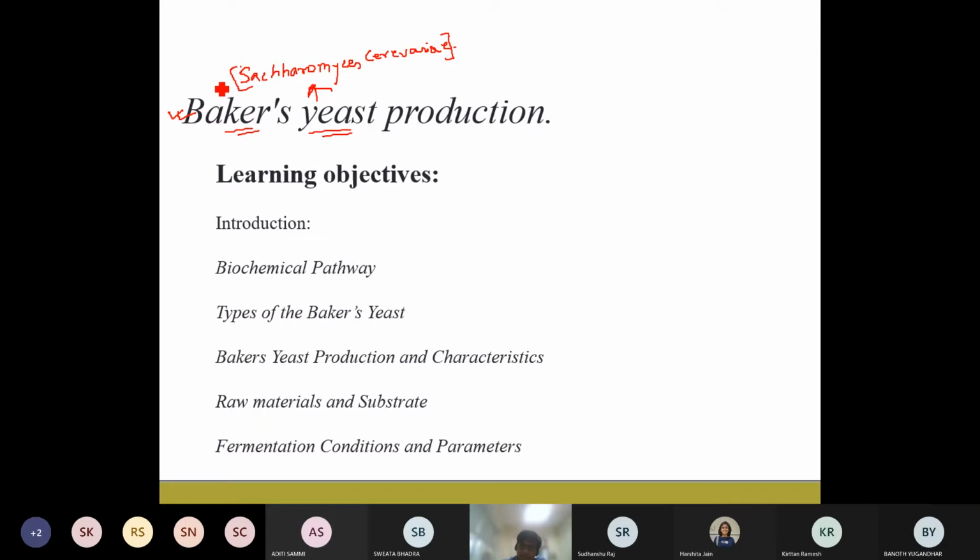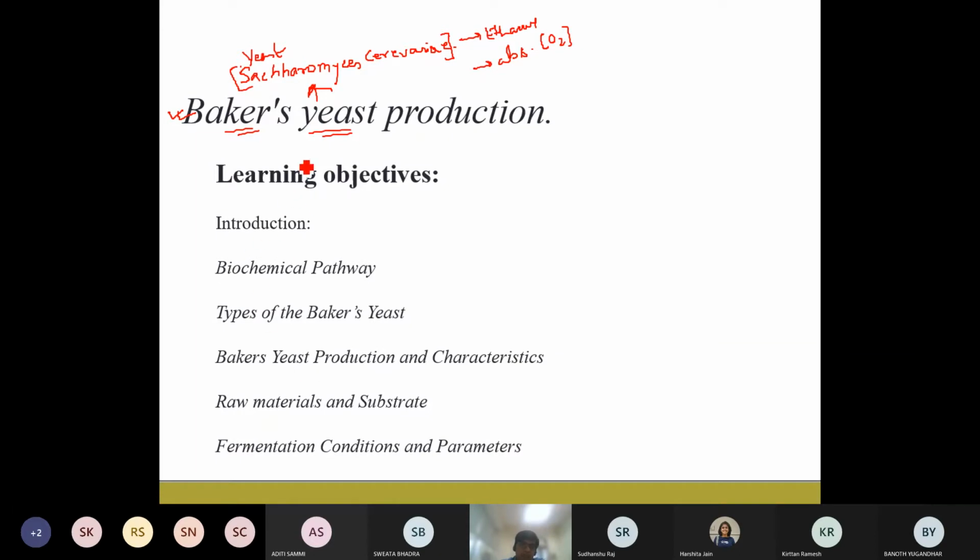And in our last classes on ethanol production, we have seen that if we use this particular yeast, then it can be used for the production of ethanol under anaerobic conditions. Anaerobic condition means the absence of oxygen.